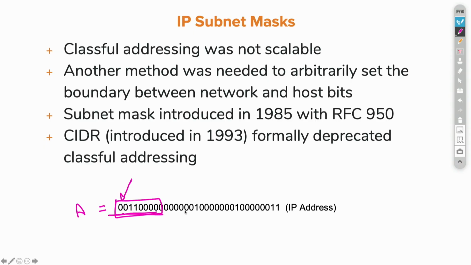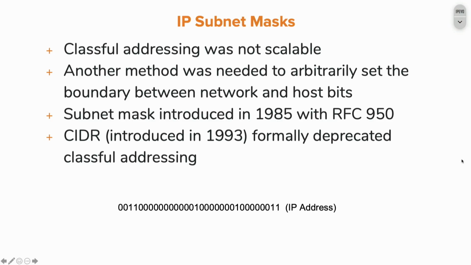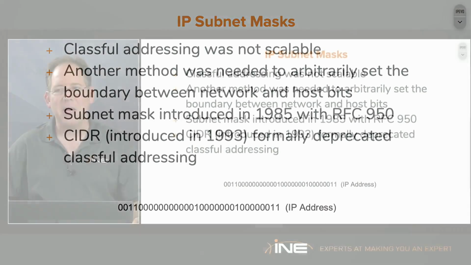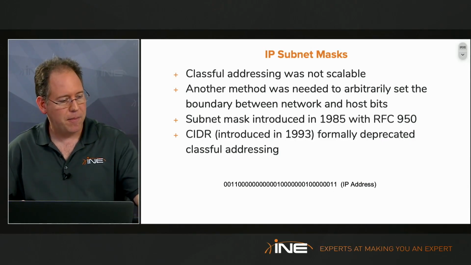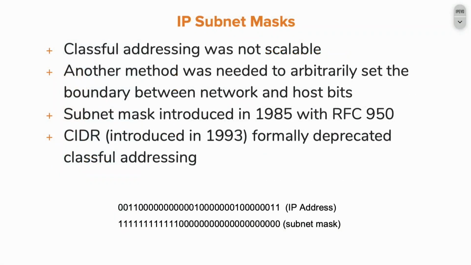Okay, but we're not doing that anymore. So if he can't use a class, what can he use? Well, here's the thing. Every device that runs IP for the last couple of decades, when it learns or is given an IP address, you have to also give it a subnet mask, which is another binary number.